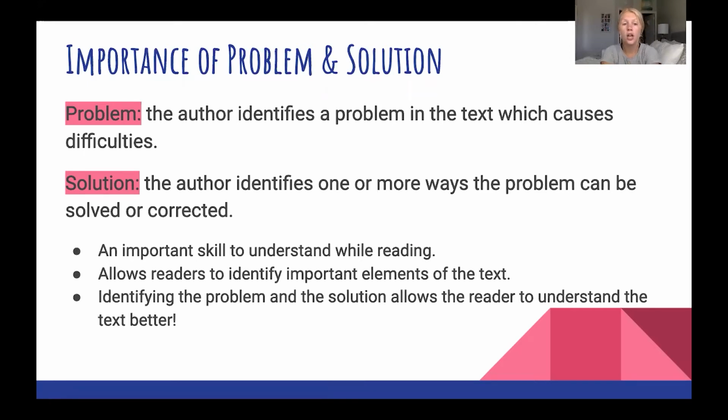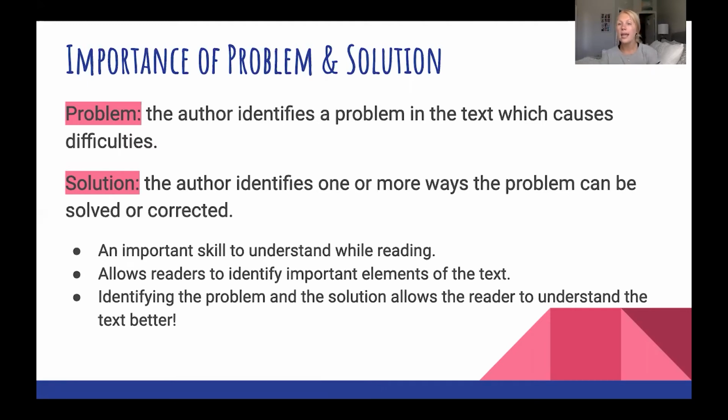Problem and solution are an important skill to understand while we are reading. Problem and solution allow readers to identify important elements of a text. Identifying the problem and the solution allows the reader to understand the text better.